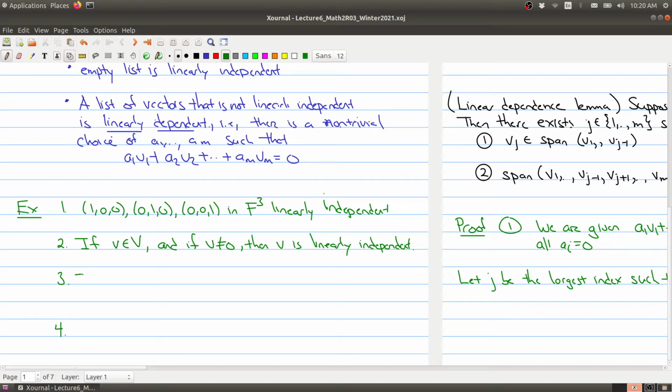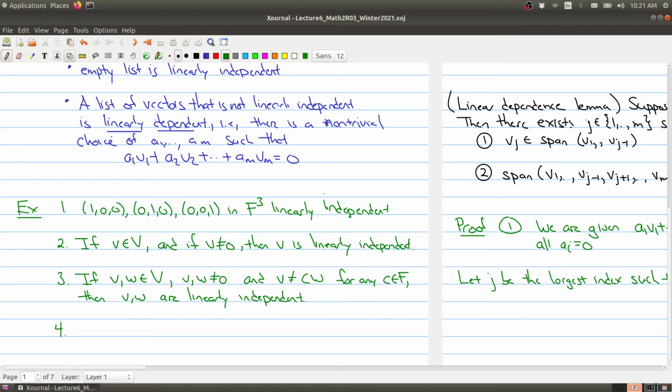What about two vectors? If you take v and w inside of your vector space, and both of them are not 0, and if we know that v is not a scalar multiple of w for any c in F, then v and w are linearly independent.